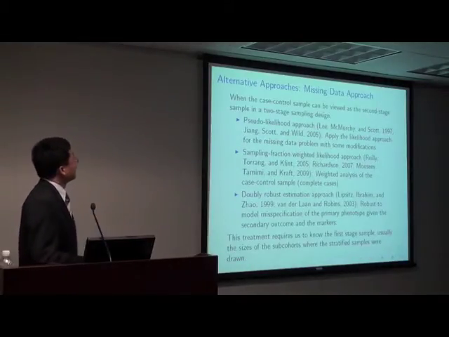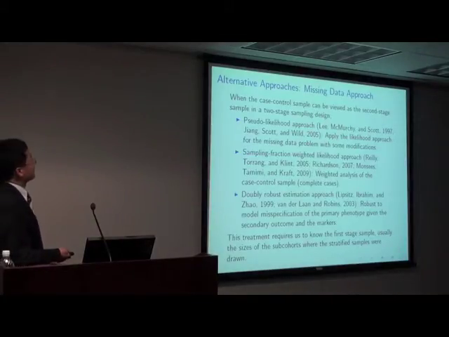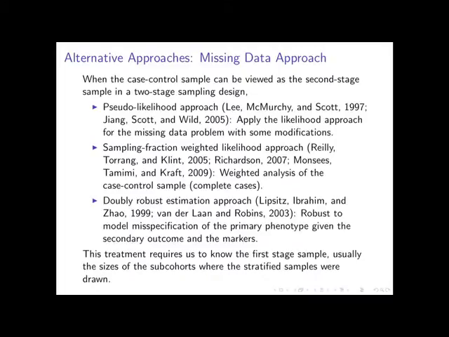Okay. So of course, in the literature, we have some other choices other than this marginal and conditional analysis. One of these methods is based on a missing data approach.